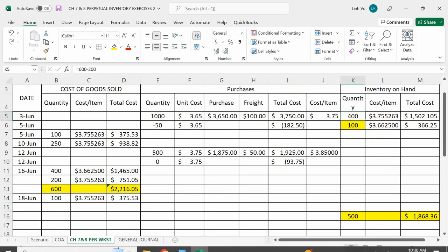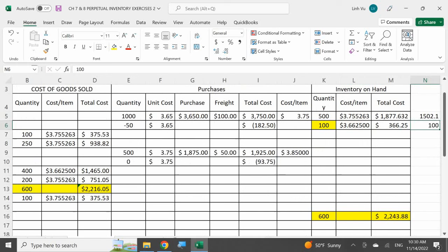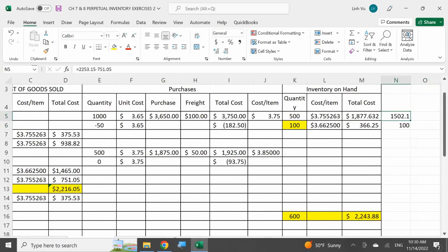Okay? So therefore, you don't have 400, right? You're going to add back 100 to the first batch of inventory to bring your value up to $1,877.63, which is true, right?